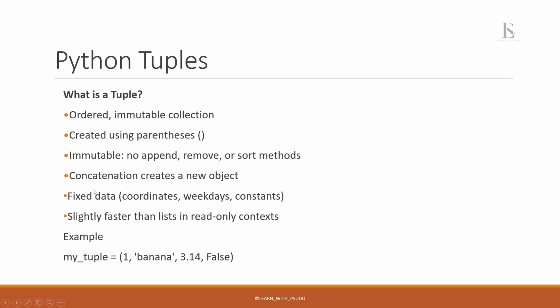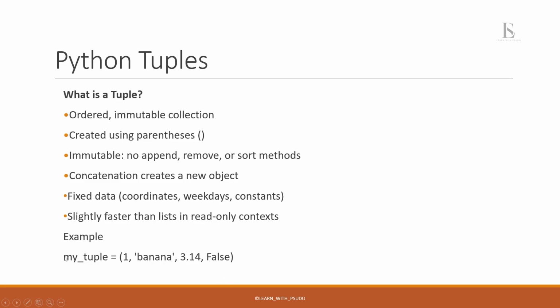If you are going to concatenate two tuples, it's going to create a new object for it. You can only use it where you have fixed data like coordinates or the names of the days of the week, or some constant that you want to declare in your code. Since tuples are immutable, they are slightly faster than list.